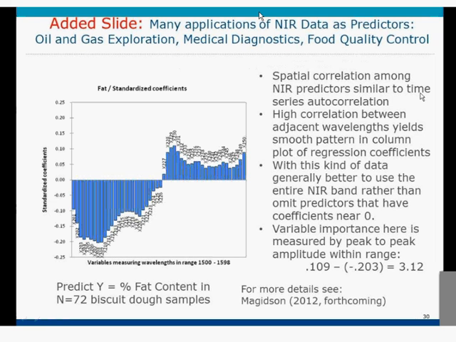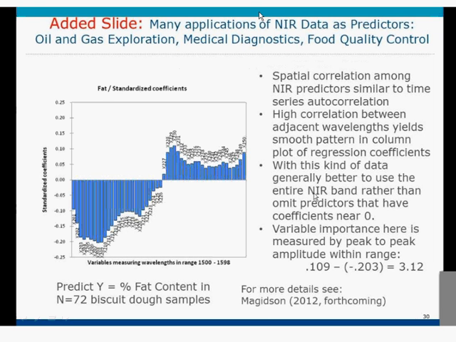If we look at the pattern here, this is real data that we'll be talking about, with the variables between wavelengths 1500 and 1600. I'm plotting standardized regression coefficients, and those that are close to each other are very related. It's a smooth pattern here. These wavelengths all have negative coefficients. These have positive coefficients. And there's a nice smooth pattern going from negative to positive.